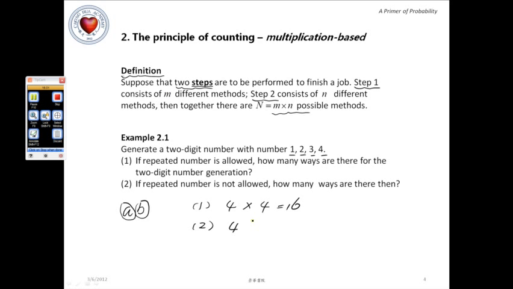But step 2 of selecting the 10-digit only consists of 3 methods, because 1, 2, 3, 4 is not allowed to repeat. Once again, if any step is cancelled, will the required job be finished? Obviously not. So we can do the multiplication calculation. Together, there are 4 times 3 equals 12 different ways.